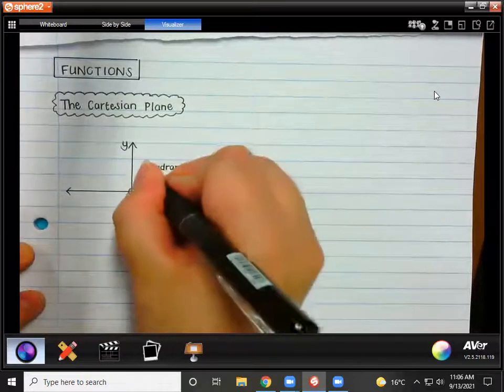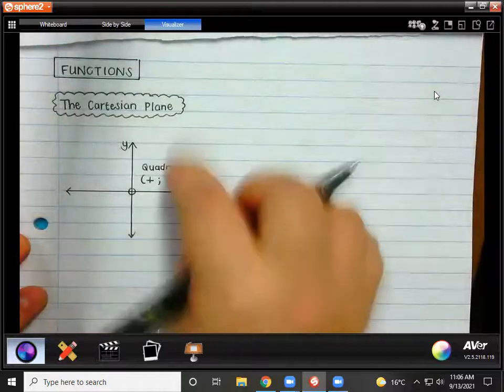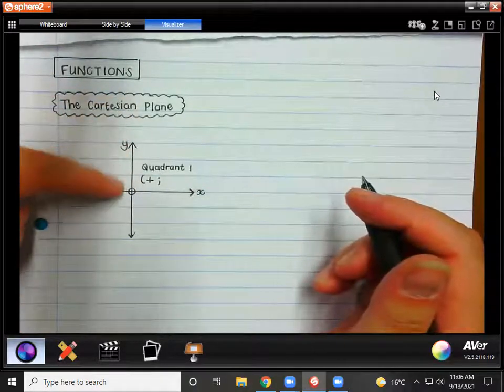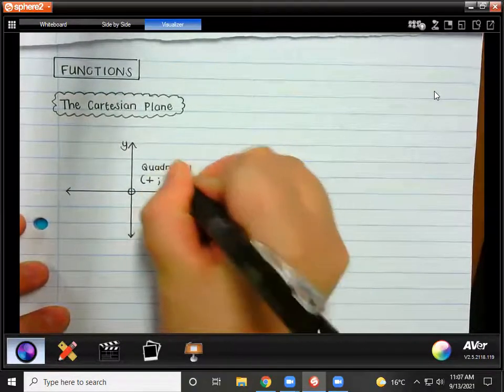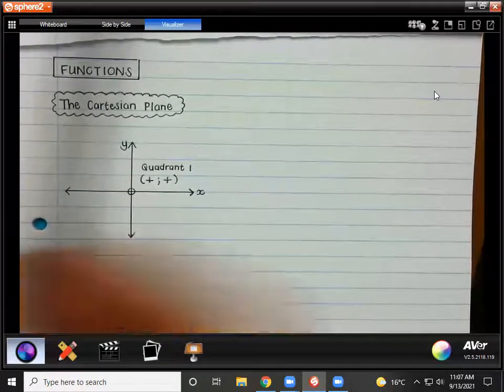So any x value will be positive in this quadrant. And any y value, what are all these values on this side of the y-axis? They are also all positive. So in the first quadrant, your x values are all positive and your y values will be positive.